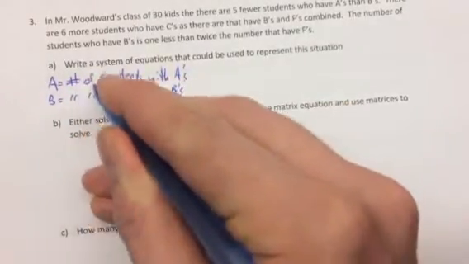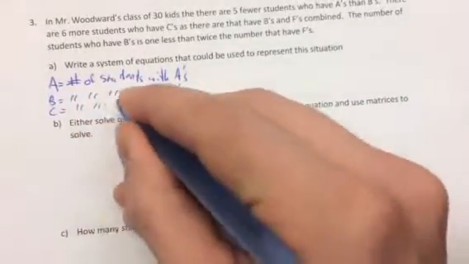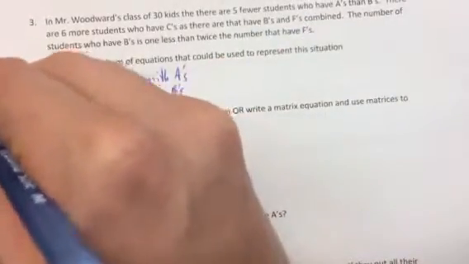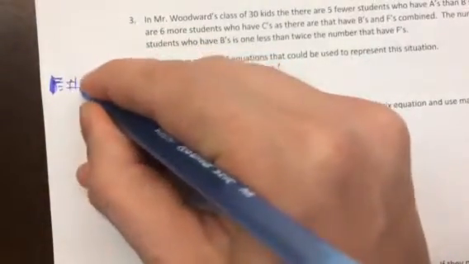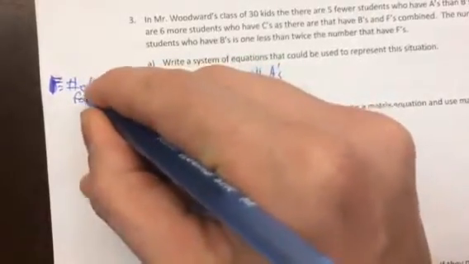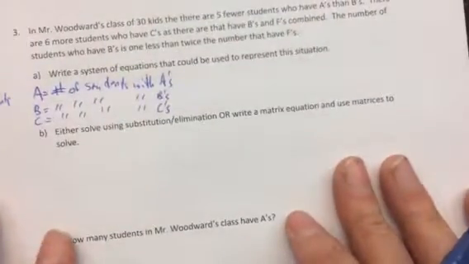These quote marks mean the same thing as above. So C equals the number of students with C's, and F equals the number of students failing. Okay. So we need to write a system of equations.